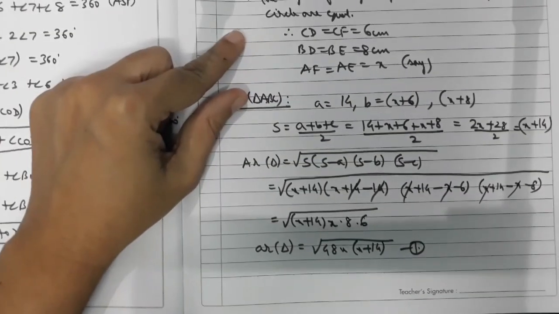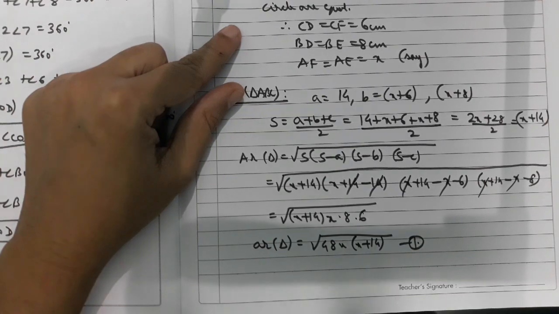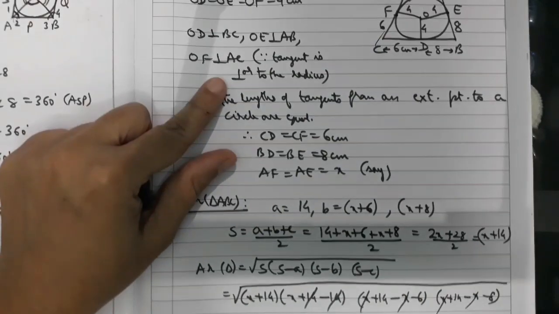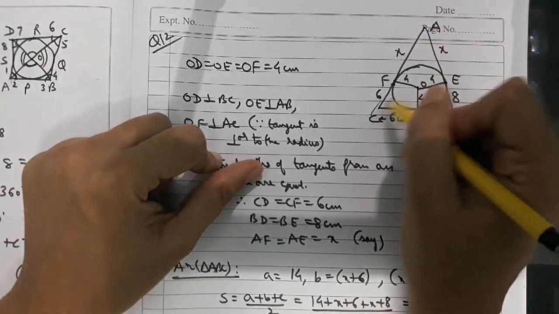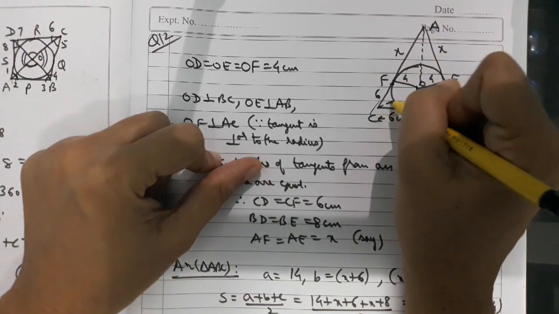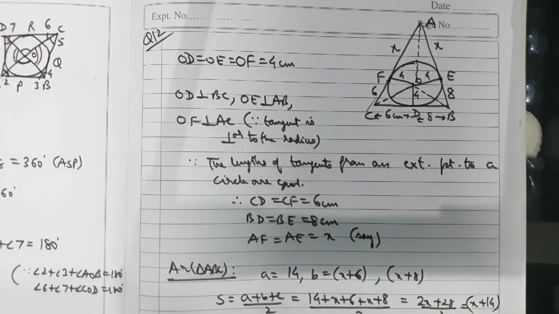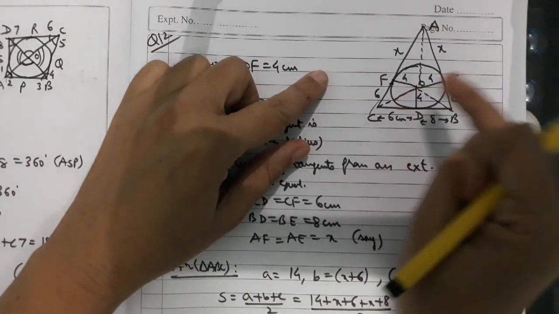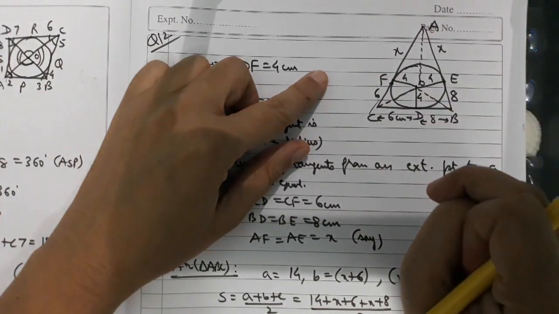So we have first found out the area of this triangle by Heron's formula. This area is in terms of X. Now we can find out the area of this big triangle ABC by adding the areas of these three triangles. So we join AO, we join OB and we join OC. So the area of triangle ABC would be the area of triangle BOC plus the area of triangle AOB plus the area of triangle AOC.